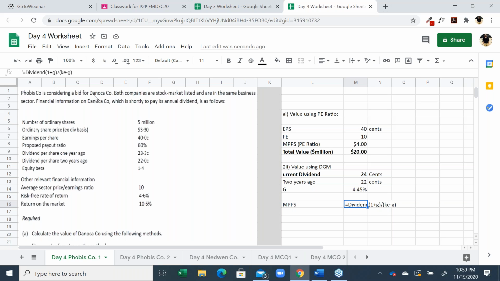Right, now note it down. We should always use the cost of equity of the target company while using DGM for valuing the company. The cost of equity should always be of the target company when we are calculating the value of the company.